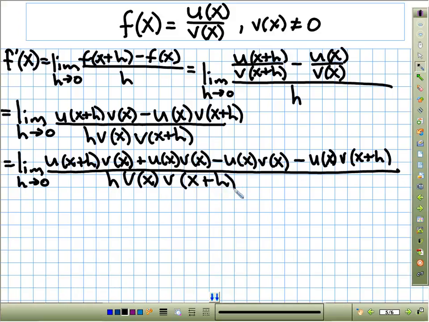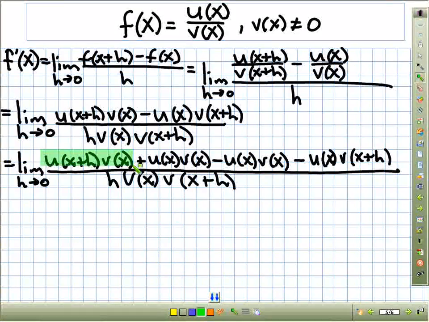Now, the reason I did that is because I want to do some regrouping here. Here's what I'm going to do. I'm going to take this first part, u of x plus h v of x, and I'm going to group it with this minus u of x v of x. Likewise, I'm going to take this u of x v of x and group it with this u of x v of x plus h.